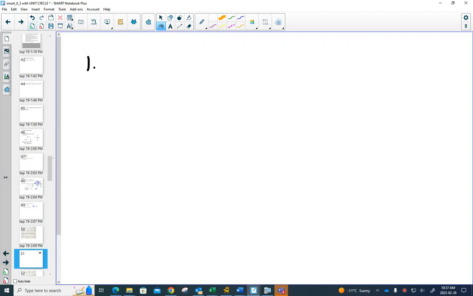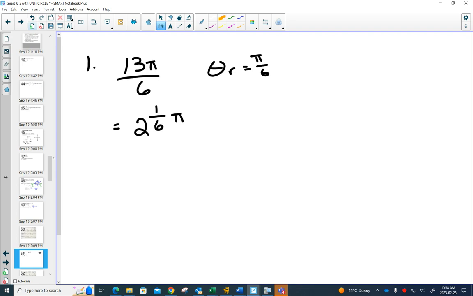Assignment number 1, question number 1, we have the angle of 13 pi/6. In your head, you already know the reference angle is pi/6. We need to figure out what quadrant this is in. If we use the technique that we were doing before, I can change 13 pi/6 to a mixed fraction. It will be 2 1/6 pi.